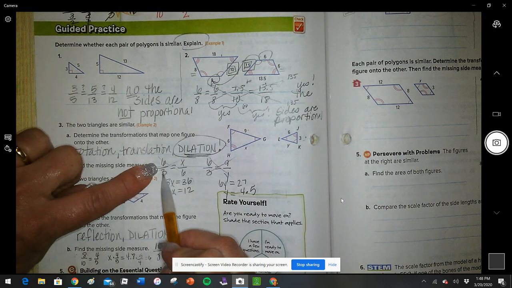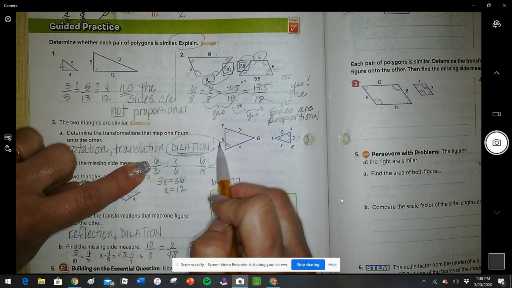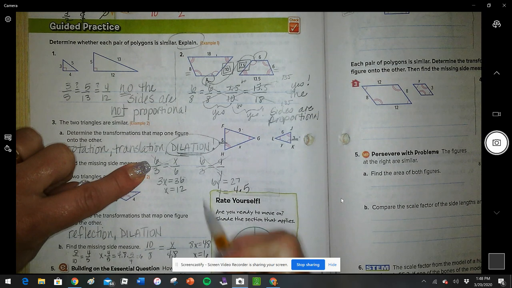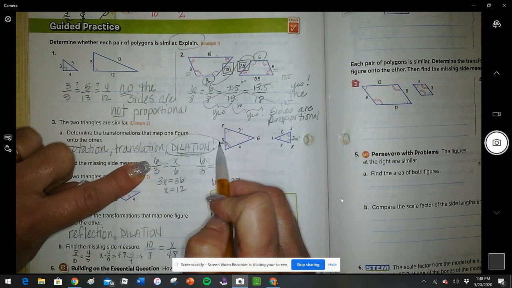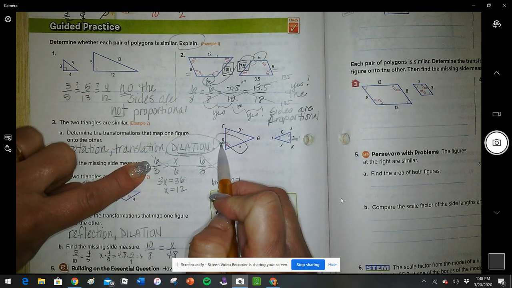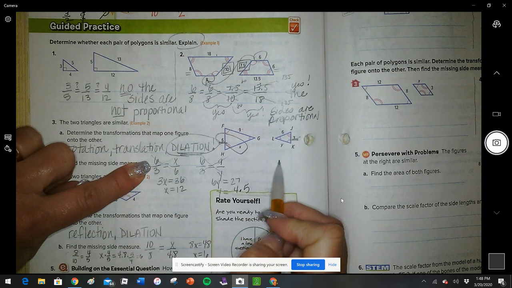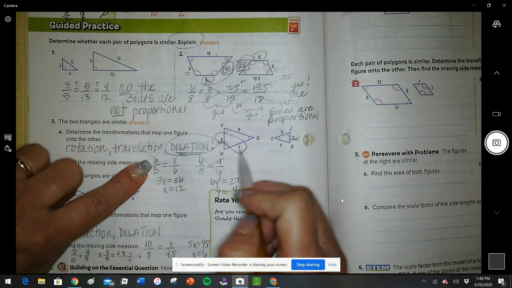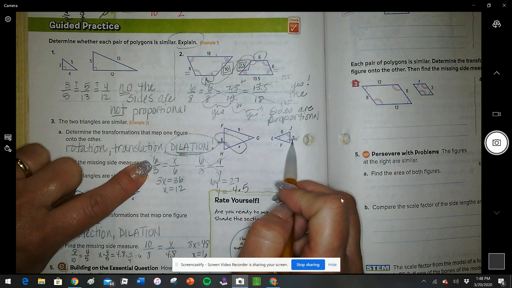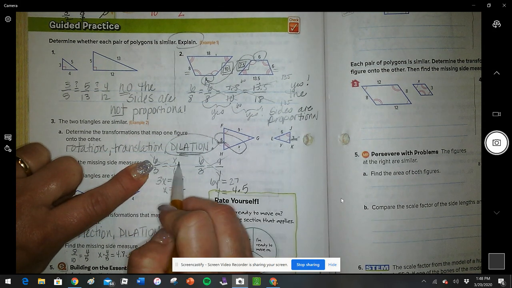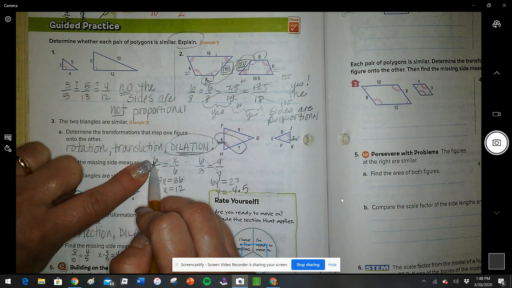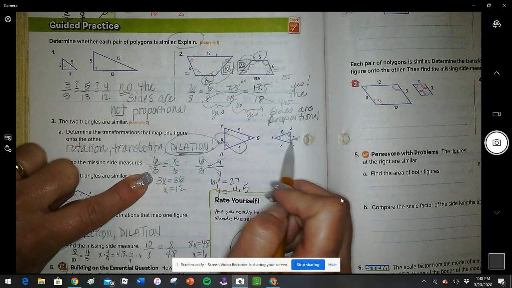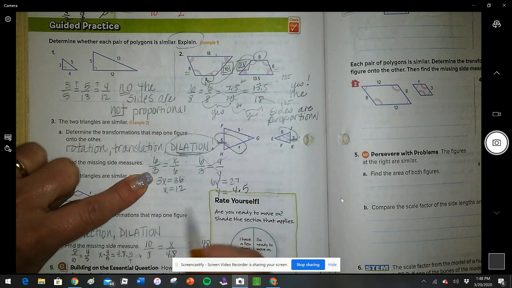So I know that 6 and 3 go together, right? This 6 and this 3. And then 6 and x are on the same triangle, they're across from each other. And then 3 and 6 are on the same triangle, so they're across from each other.